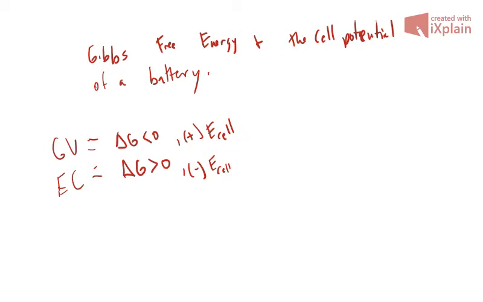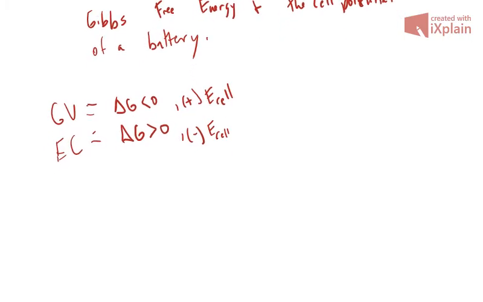Okay, so we can combine this with our Gibbs free energy equations, and we can find that if we want to relate cell potential and delta G, delta G is equal to negative NF and the cell potential.